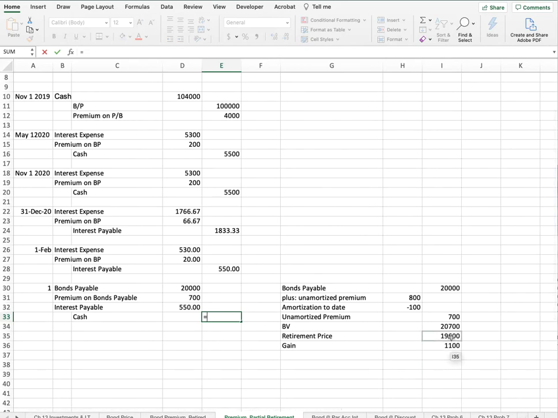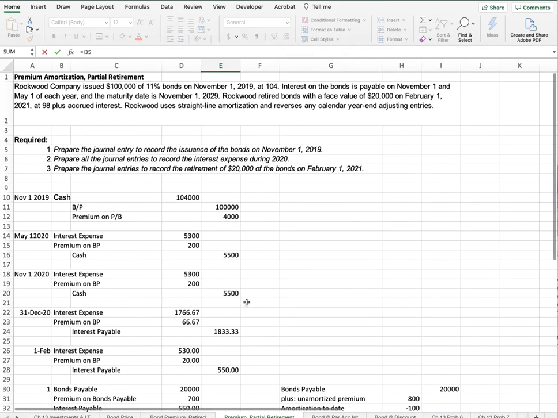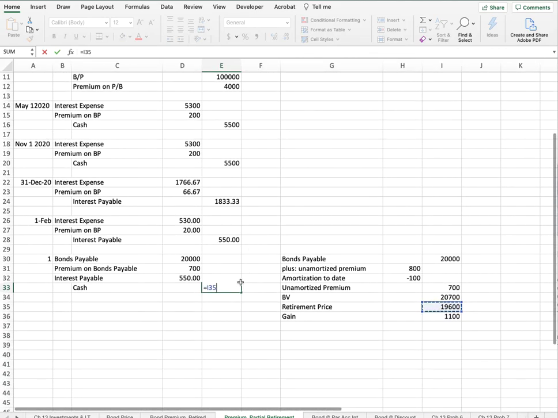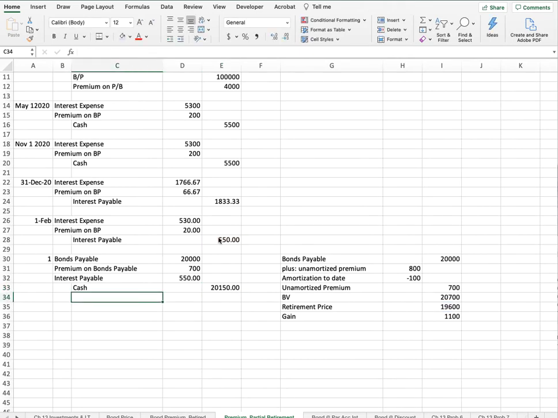Sorry, so we calculated the 19.6, but it said plus accrued interest. So that 19.6 plus our accrued interest of 550 gives us a cash receipt of 20,150. And then finally we have gain on bond redemption. That we just calculated right here.